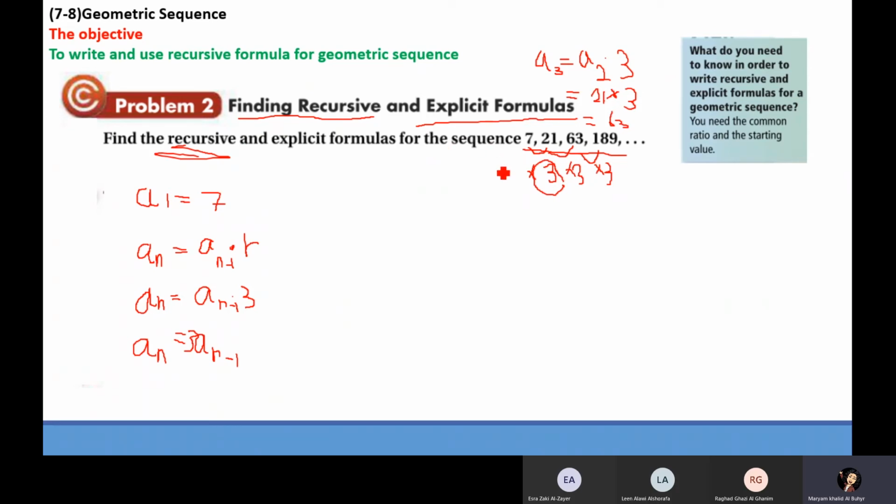For the explicit formula, which is the good formula that will help me to find any term I need. For example, if I'm asking you to find the 100th term, for example 150, you are going to use the explicit. Because if you are trying to use the recursive, once you want to find the 100th term, you need the previous term, which is term number 99. So let's substitute in the formula that I gave you before.